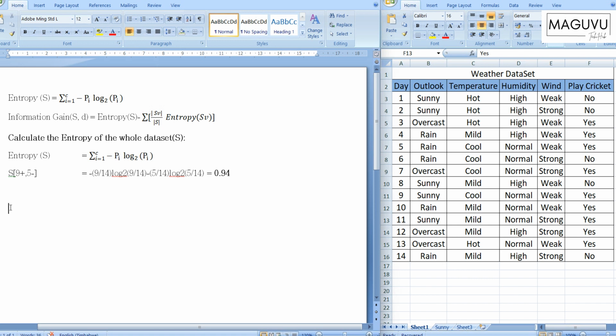So let's consider the outlook feature, and then while we are at outlook, we want to consider the values which are in outlook. If we look at the table that we have there, we have got the following values: sun, overcast, and then rain. So for each of these values, we want to calculate the entropy.